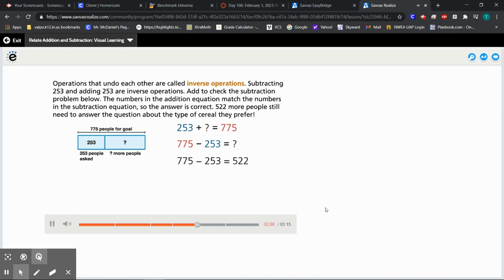Subtracting 253 and adding 253 are inverse operations. Add to check the subtraction problem below. The numbers in the addition equation match the numbers in the subtraction equation, so the answer is correct. 522 more people still need to answer the question about the type of cereal they prefer.